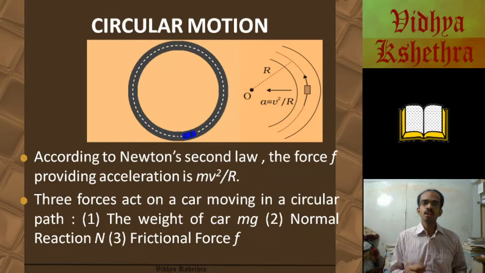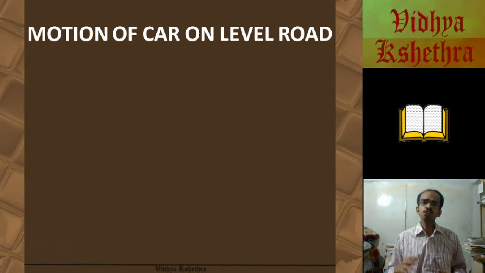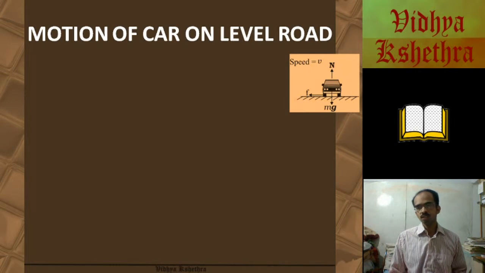First is the weight of the car mg acting downward. Then there is the normal reaction, and then there is the frictional force. Frictional force is the force which acts opposite to the direction in which the car is moving. That's the frictional force.